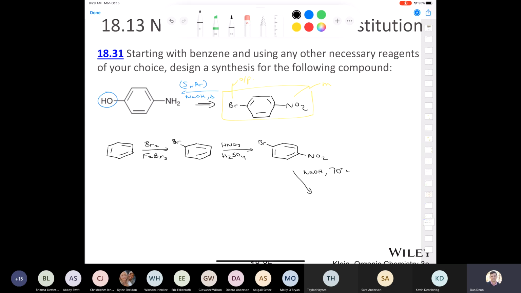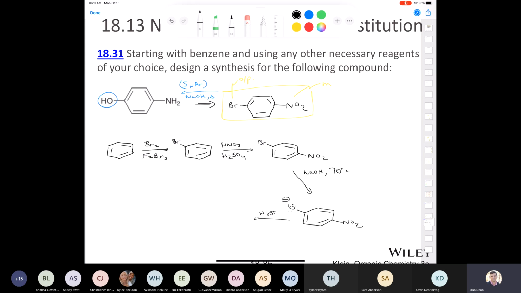What you would get from this reaction, as we looked at a couple of slides ago, is your nitro group, but then you would have a phenoxide, because the phenol is going to be deprotonated by all the base that you have. Then in the second step, you treat that with H3O+, and that's going to get you this compound.